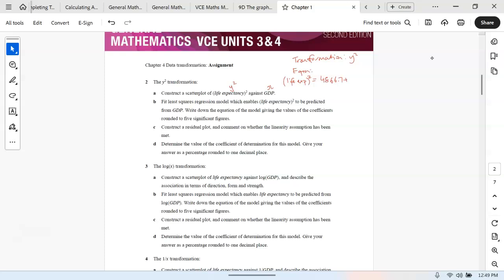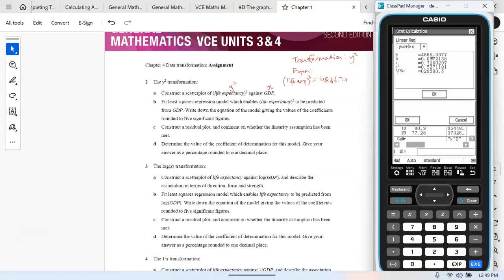And then we've got our slope, which is quite a few numbers to remember. 37214. I'm going to have to write this down. 37214.